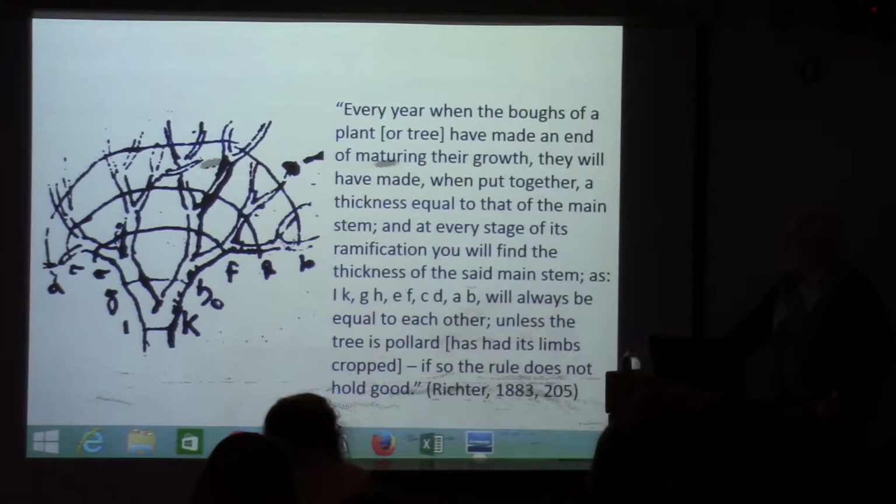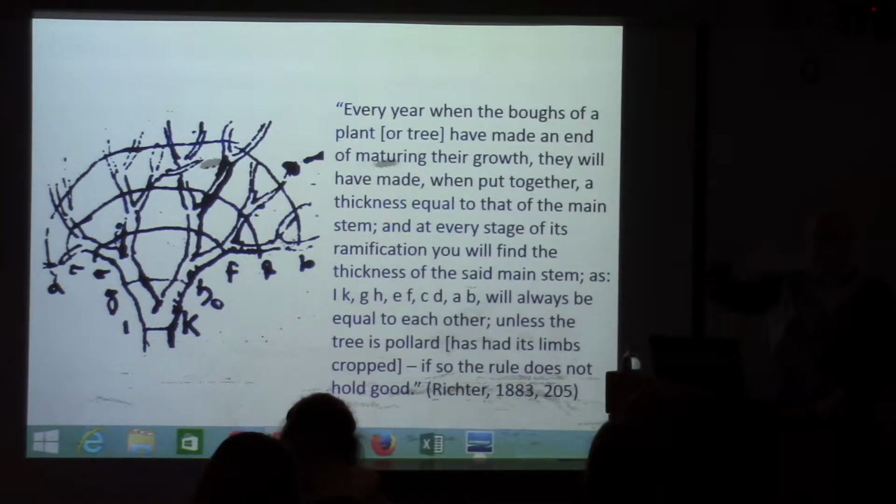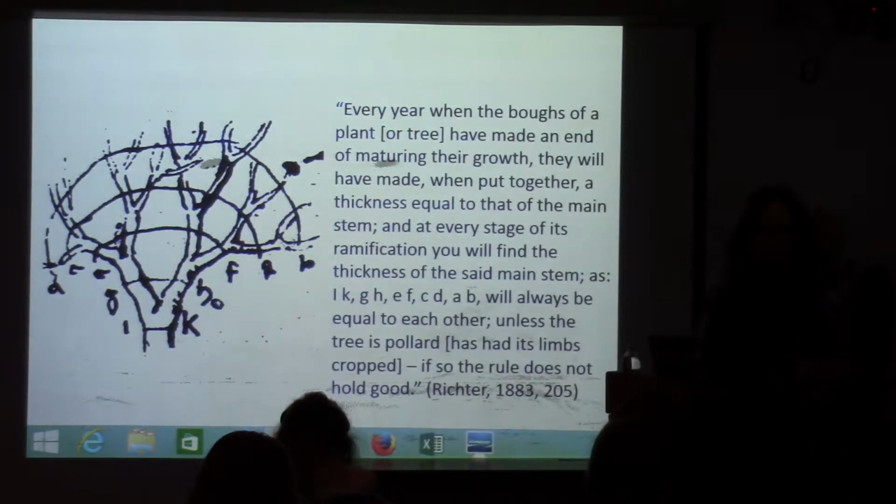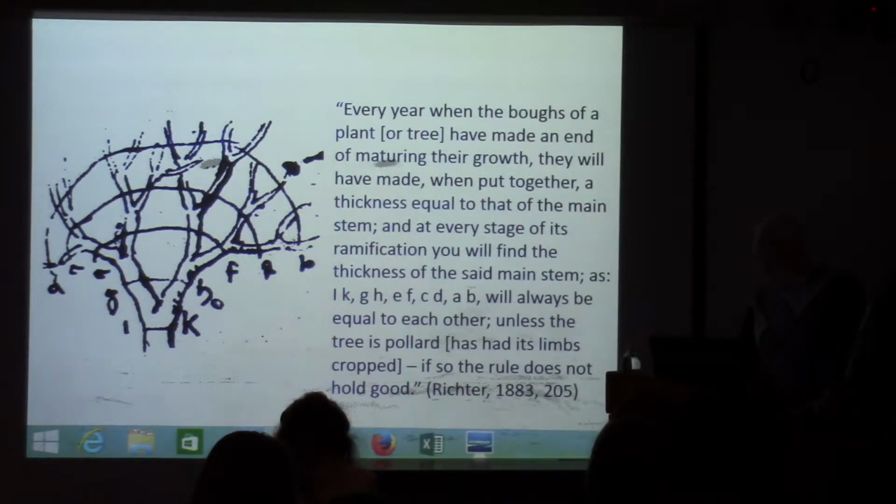And at every stage of its ramification, you will find the thickness of the said main stem as L and K, G and H, E and F, C and D, A and B will always be equal to each other, unless you've chopped the tree off and cut off its branches and so forth. Okay, so it's very simple and straightforward. When you look at the way people actually draw trees, they often don't do this, and this is why trees don't look quite right when people don't know what they're doing.